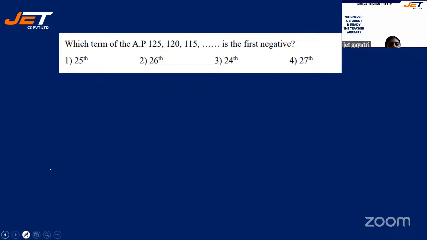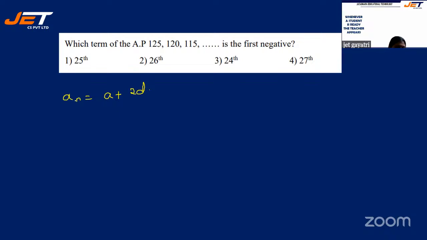So let's try just with 27. An is equal to a plus 26d.